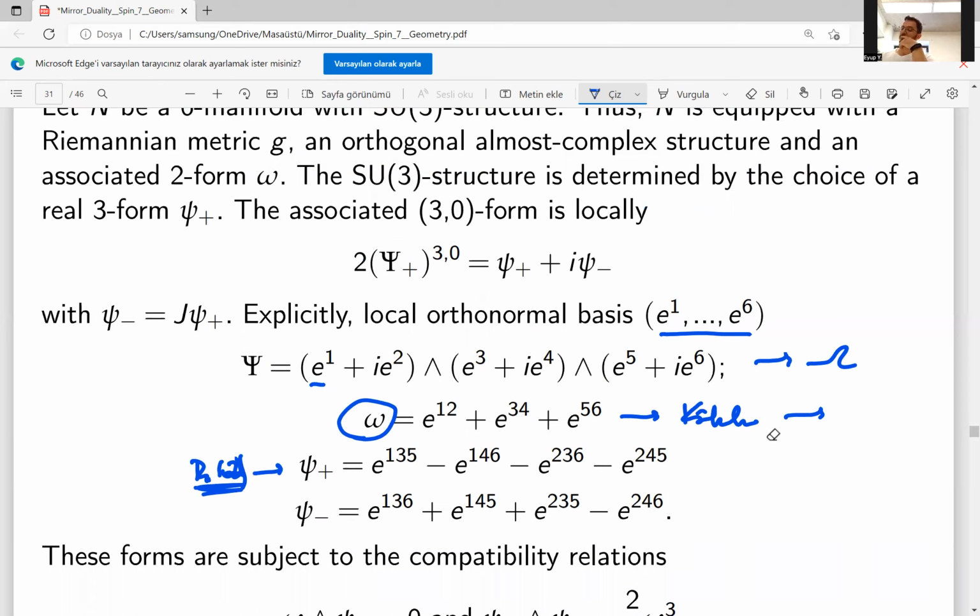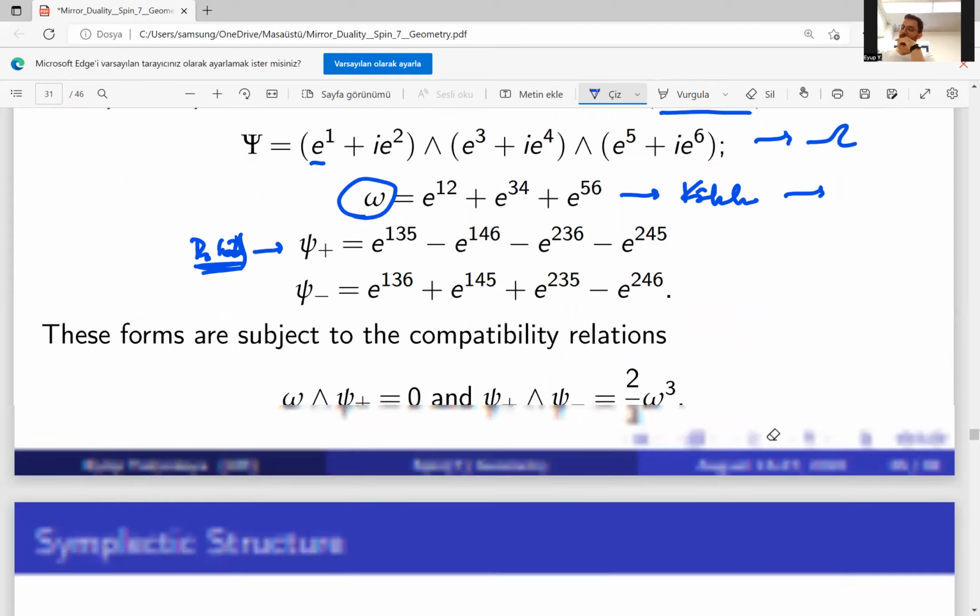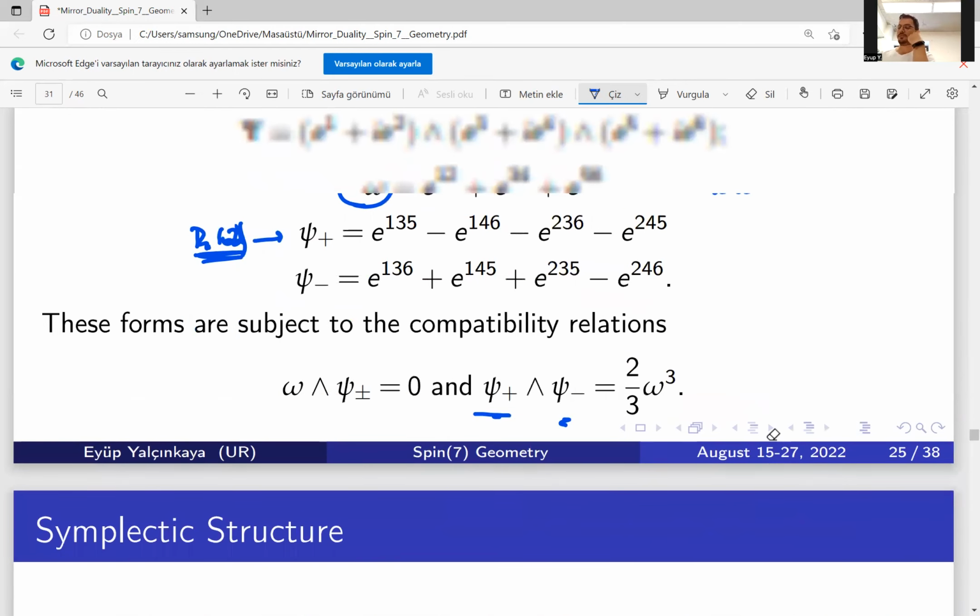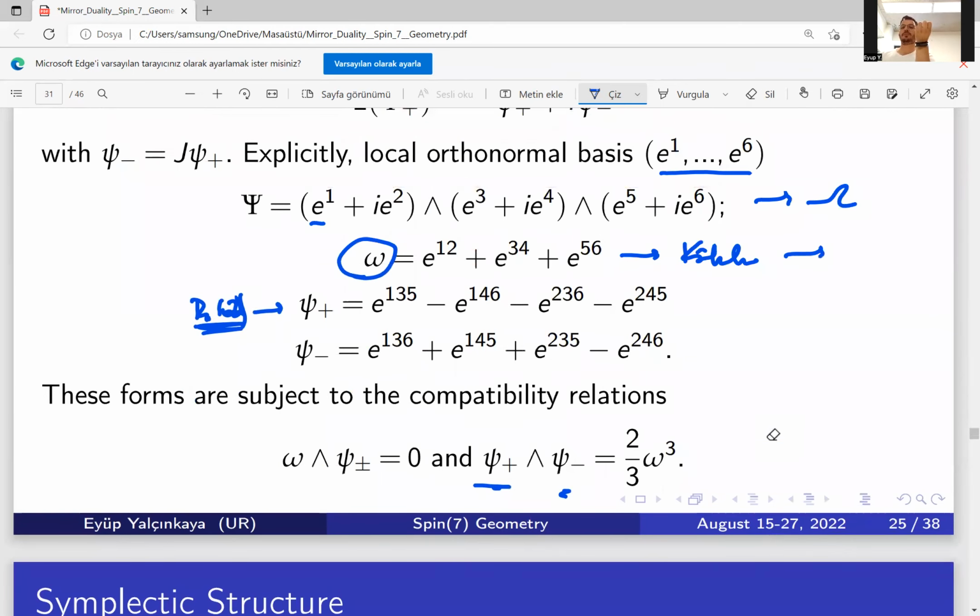You can see one element induced from the z and another induced from the z bar. So you can construct the SU(3) structure, and the elements of this give us the Calabi-Yau manifolds.